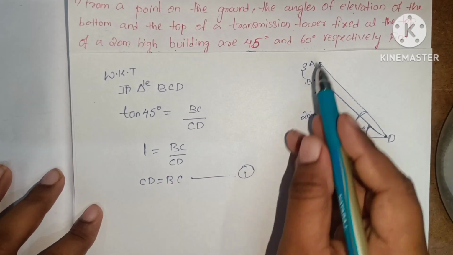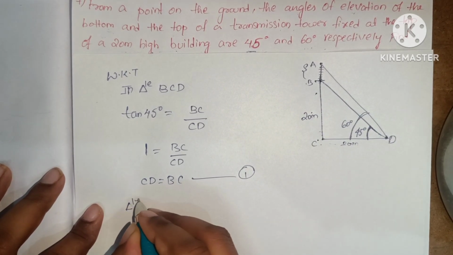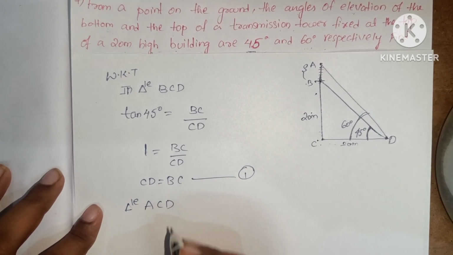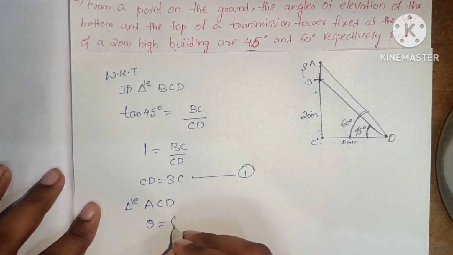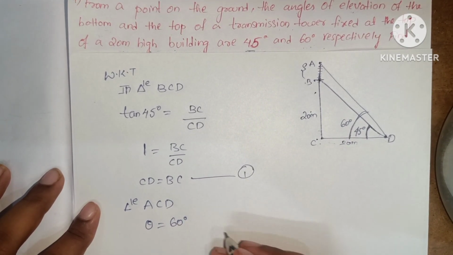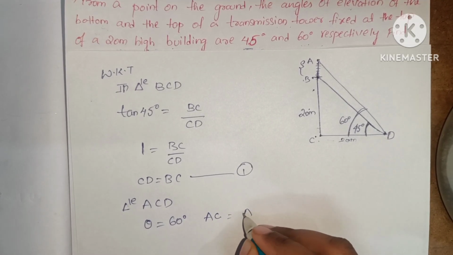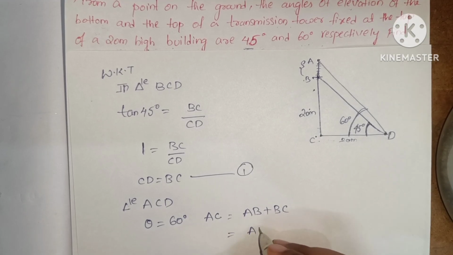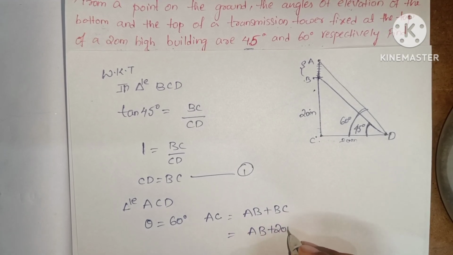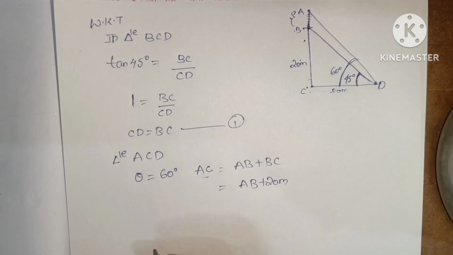Next take the triangle ACD. Here theta, how much is given? Angle ACD is 60 degree. So AC means what? AB plus BC, AB plus 20 meters.